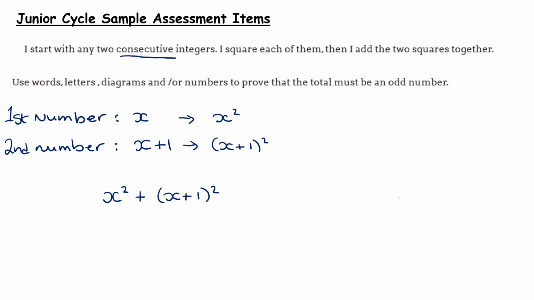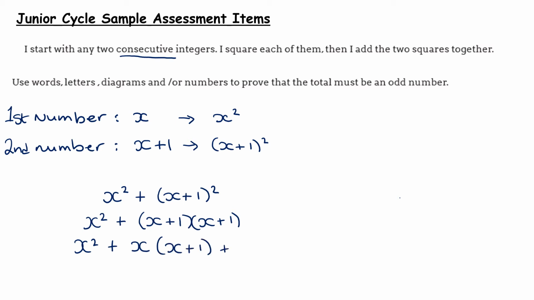So the first thing I'm going to do is square out this bracket. Squaring means multiplying by itself. So this is x plus 1 by x plus 1, which gives me x squared plus x times x plus 1, plus 1 times x plus 1. I'm just splitting my bracket. We have x squared plus x squared plus x plus x plus 1.